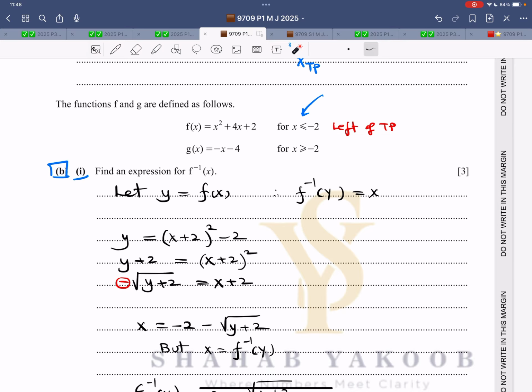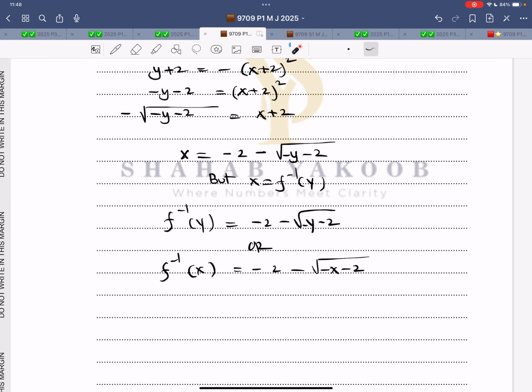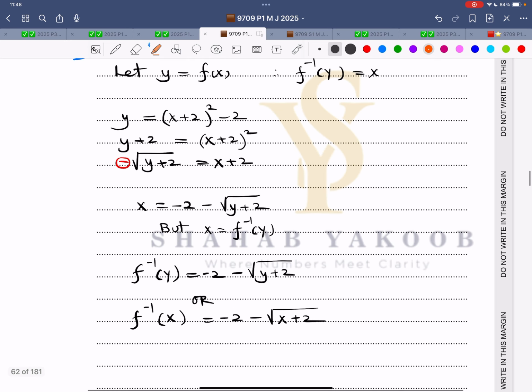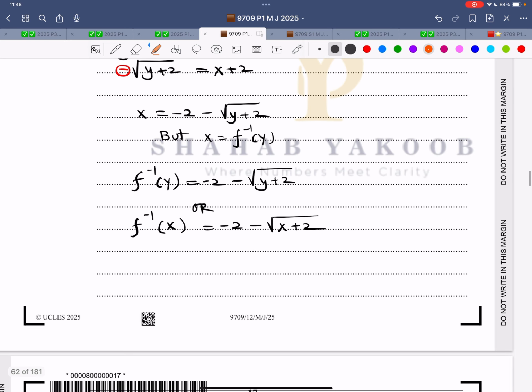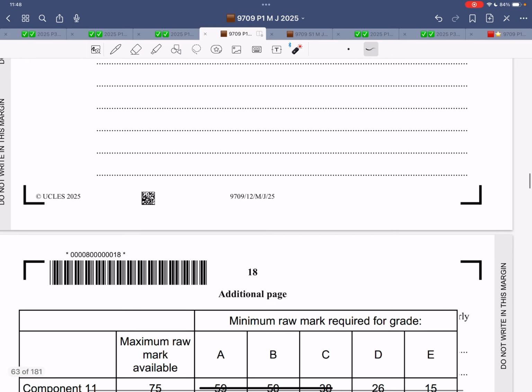Since it's a composite function, we choose the common domain. That is why we are choosing the negative sign. So we chose this negative sign with the square root, and also over here we chose this negative sign. So therefore there were two negatives, and then we make x the subject. x is already equal to f inverse y, and we write everything in terms of x.